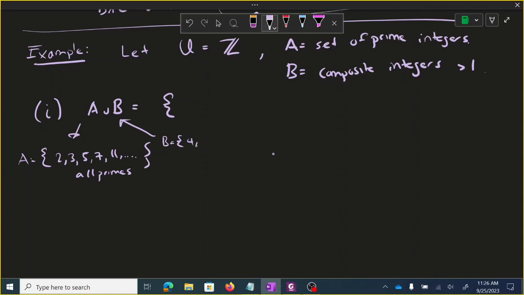So we have 4, 6, 8, 9, 10, composites. So A union B, well, that's the primes and the composites greater than 1. So we really just have all these numbers.